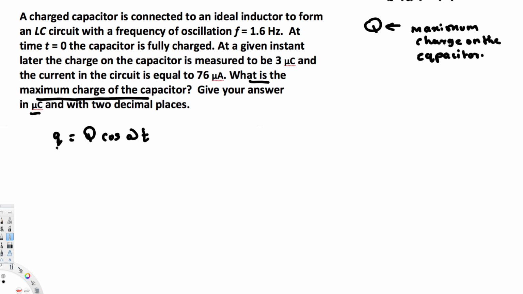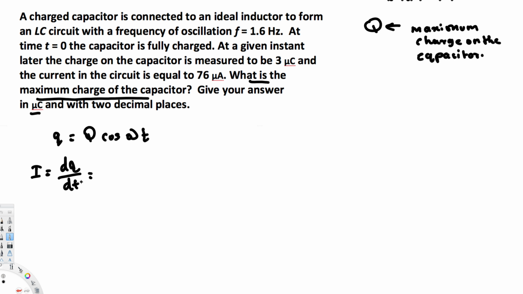Now small q is equal to capital Q cos omega t, and we also have another piece of information available, that is the current in the circuit. That is going to be the derivative of this one. If we take the derivative, current I is going to be equal to dq by dt. The derivative of cosine is negative sine, so this is going to be negative sine omega t.